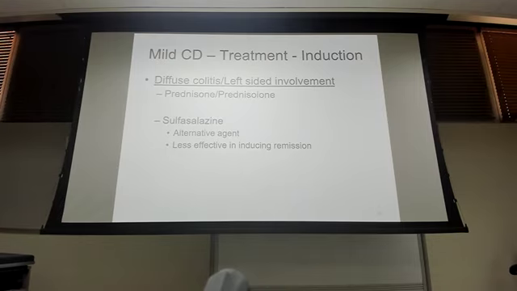So mild Crohn's for induction, if it's diffuse or mainly left side, we'll go right to the prednisone, skip the budesonide. And then the sulfasalazine is an alternative agent, less effective in inducing remission than the prednisone. Once again, we're just talking about induction. And we were talking about the difference between diffuse and then the right side.